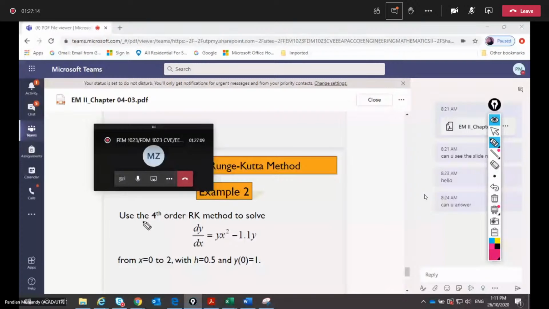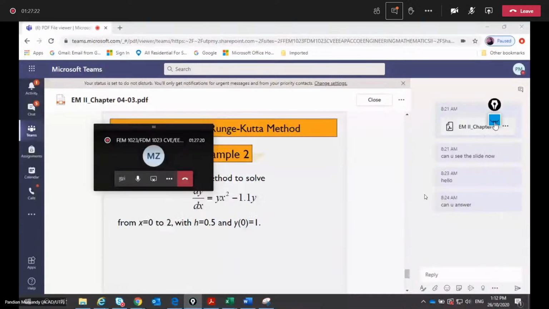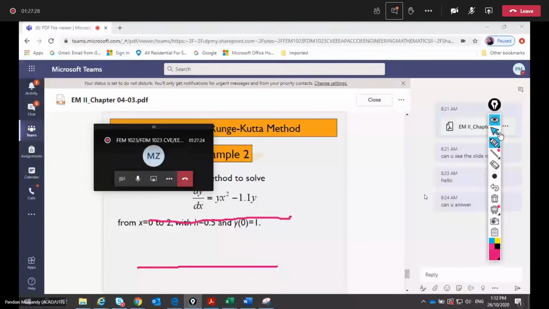From x0 to 2 with h 0.5. You must know that x starts from 0, and this last one is 2.